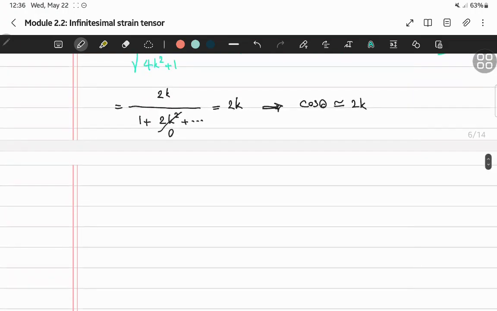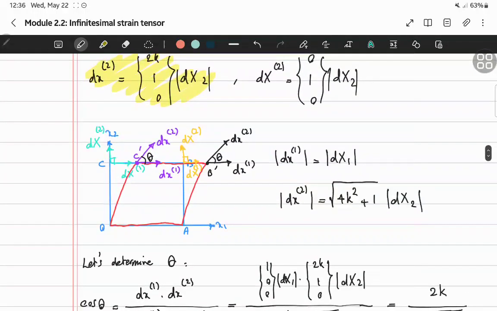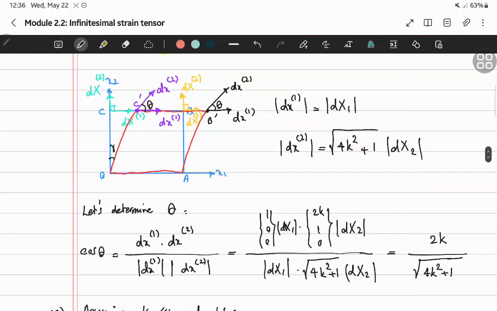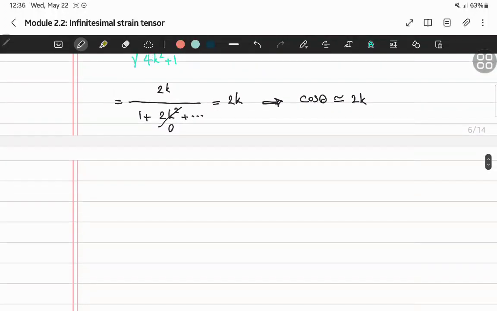Since these were orthogonal, previously half pi, I can assume the change is gamma, so theta is going to be half pi minus gamma.